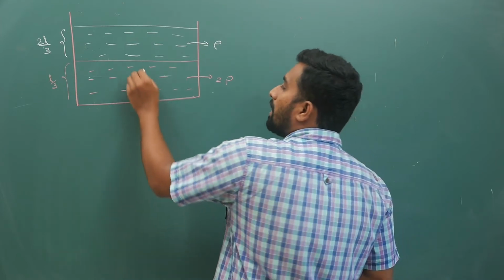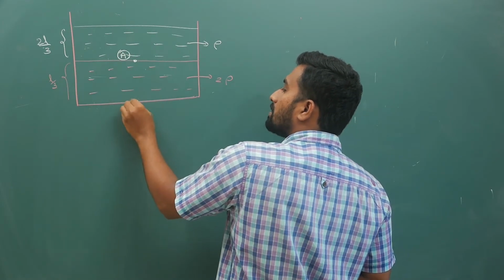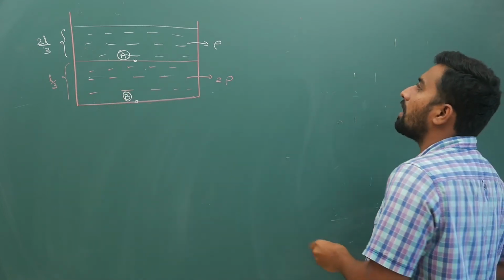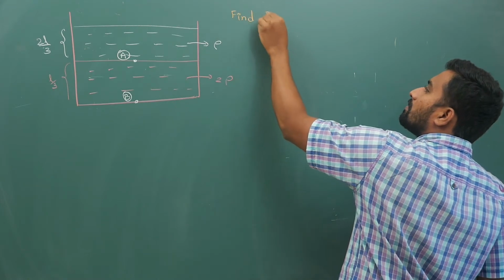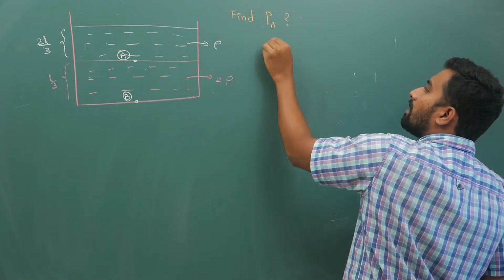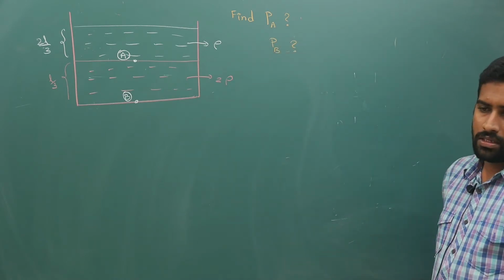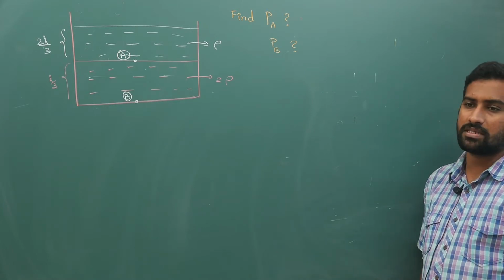If I mark this point as A and this point as B, you are supposed to find the pressure at A and the pressure at B. Simple.